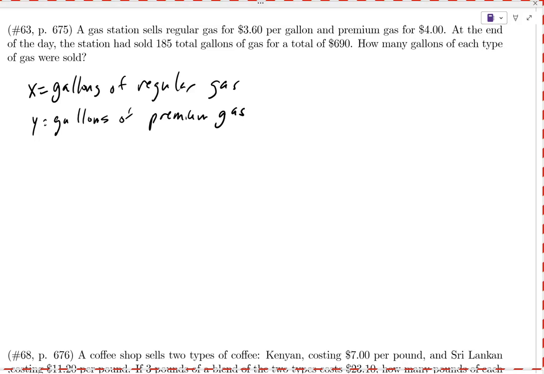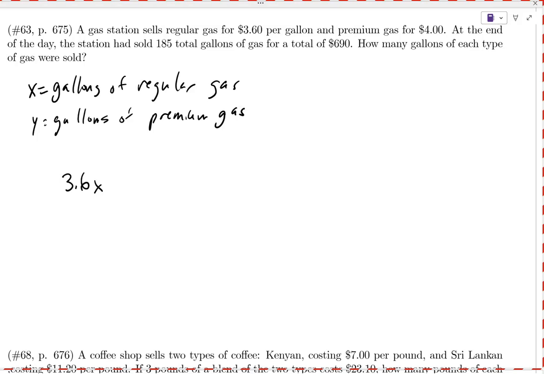Say it again. 3x plus 4y. And what would that equal? That would equal the total of 690. Okay, so good. So notice that we have $3.60 per gallon. So instead of 3x, it should be 3.6x. So the total price for the regular gas would be 3.6 times x, right?